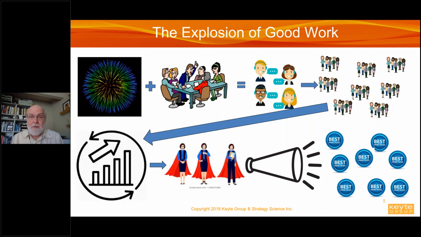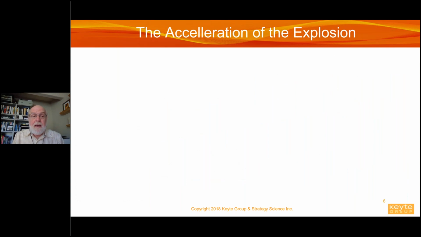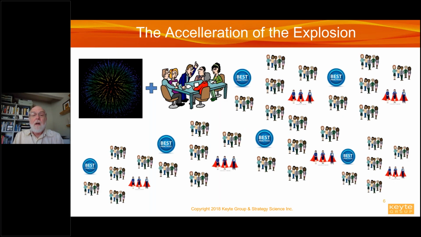That's not really my real concern. My concern is the math, because as you accelerate that, all of a sudden you have teams everywhere, superheroes everywhere, and what's actually occurred. So in this mode, we're actually wondering about how do we scale?